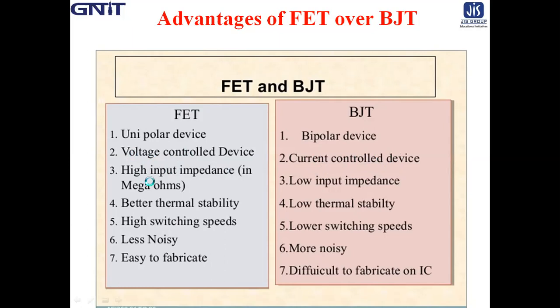FET has higher input impedance than BJT, typically in the mega ohm range. Higher input impedance because it has a reverse bias in the gate to source voltage.